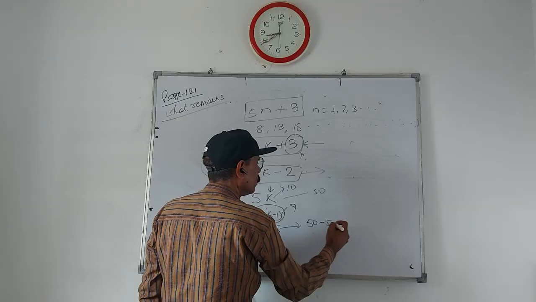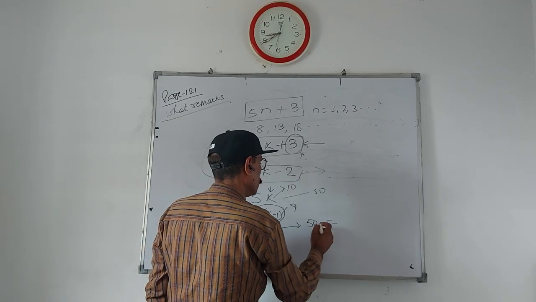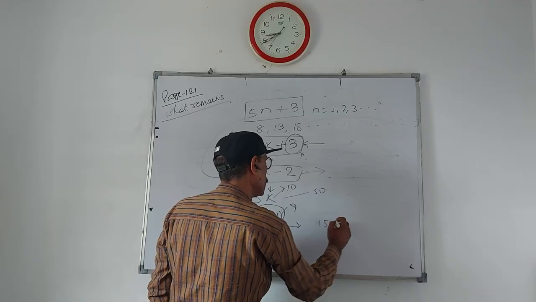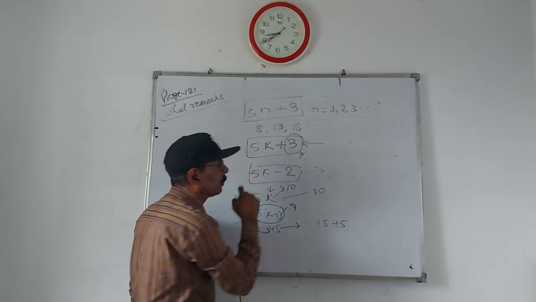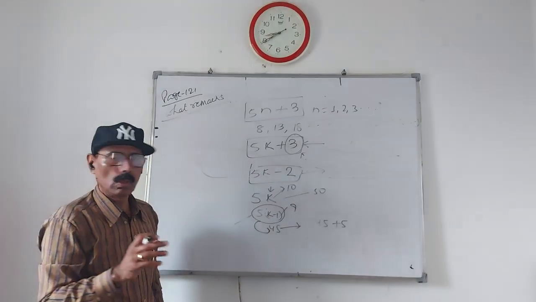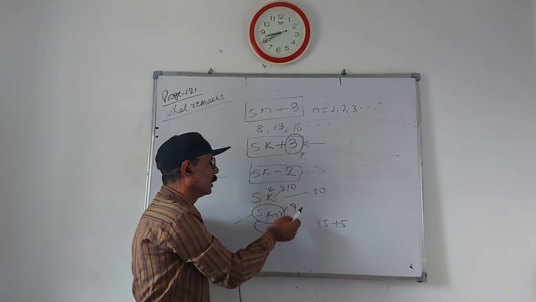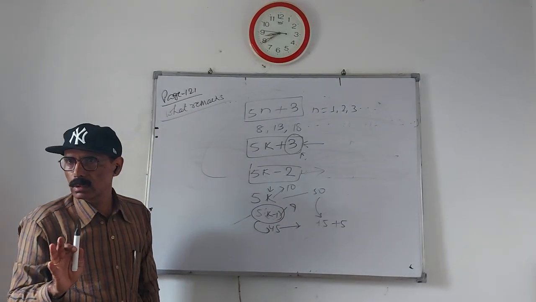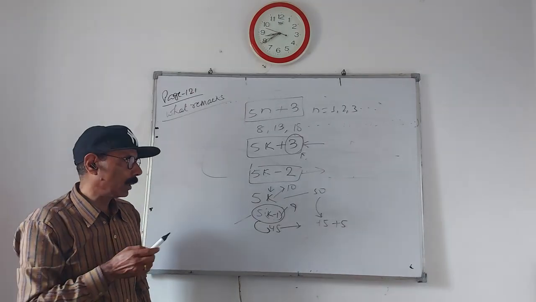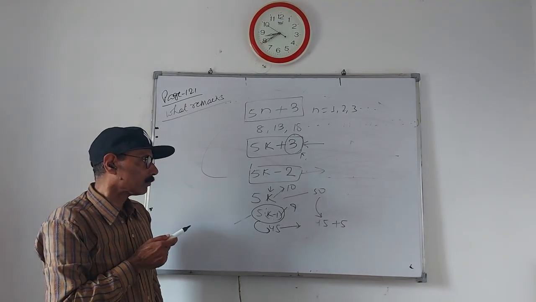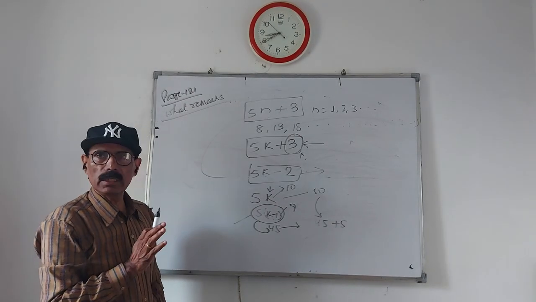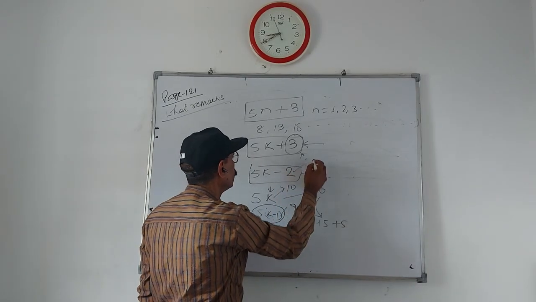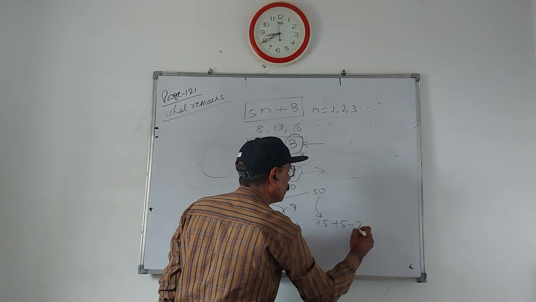Means if we do 45 plus 5, then it is 50. Now, if you do minus 2, put minus 2 here, what will the number be?